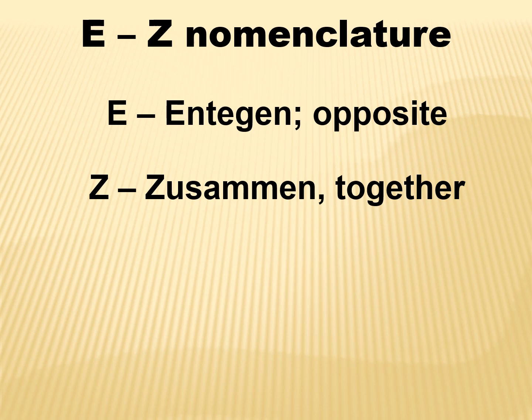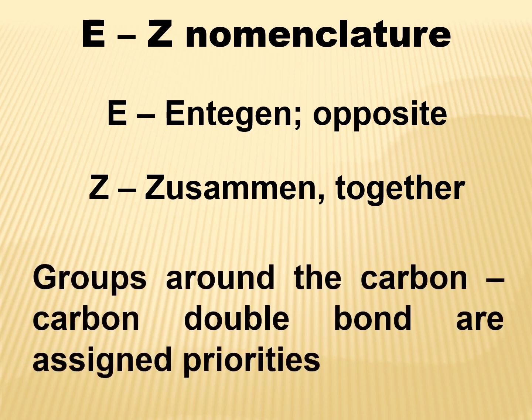Now how do we designate which is opposite and which is together? For that, the groups around the carbon-carbon double bond have to be assigned priorities. One has more priority, the other has lesser priority. So once the priorities are assigned, we can designate them as E, that is opposite, or Z, that is together.